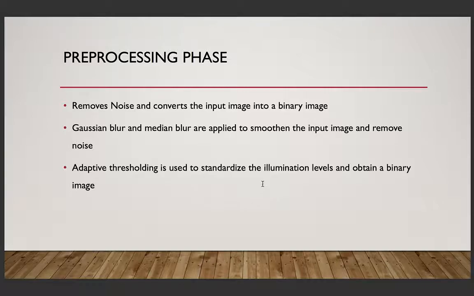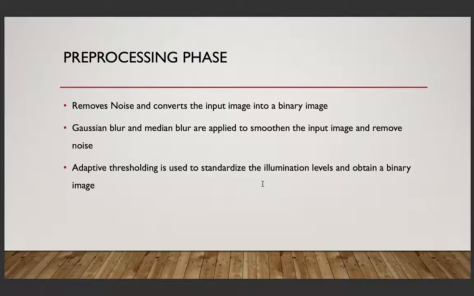Once the image is smoothed out, it is sent through adaptive thresholding to highlight the textual content. Adaptive thresholding is a kind of image thresholding, where the threshold value is determined by the local neighborhood of any given pixel.